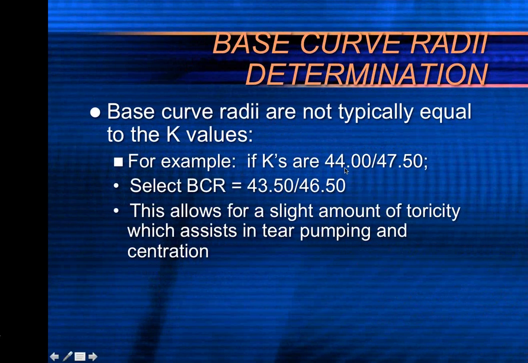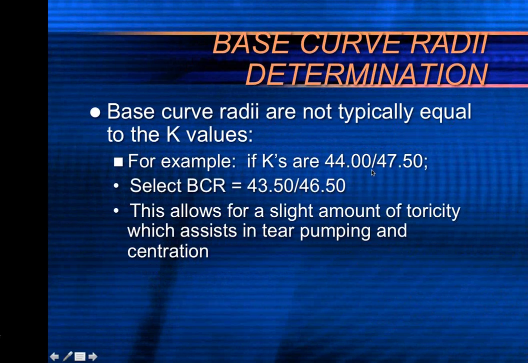You'll usually select a lens that's slightly flatter than K. And you'll look in your trial set, and okay, I could fit 44 times 47, but that's not flatter than K. That's on K. 44 is equal to 44. So the next flattest lens is 43.50 times 46.50. So yeah, we'll select that.